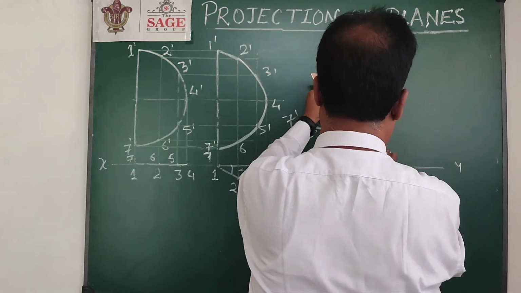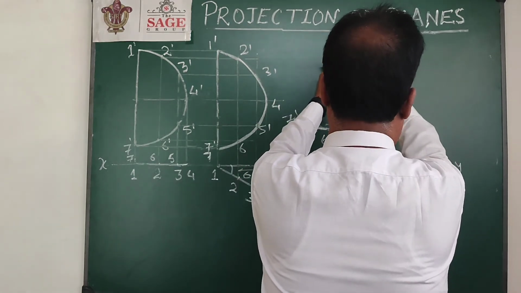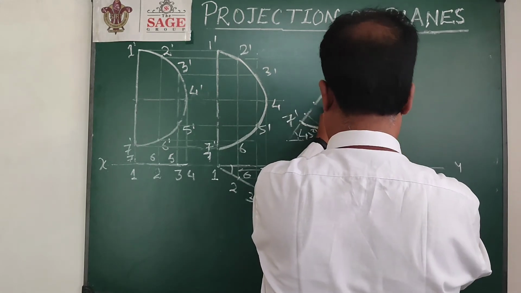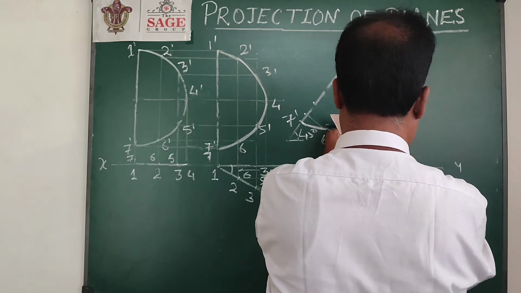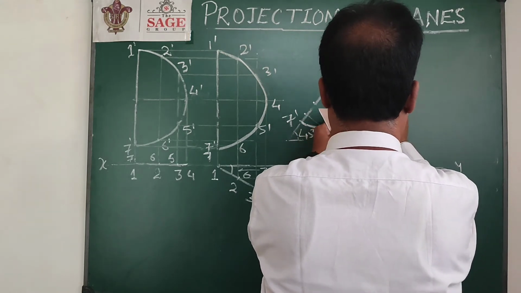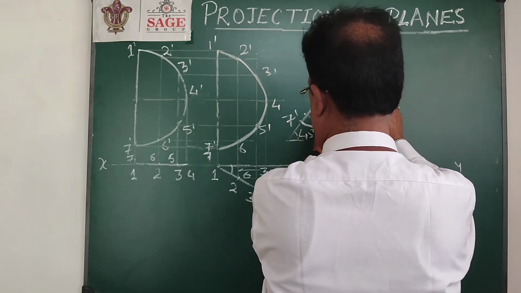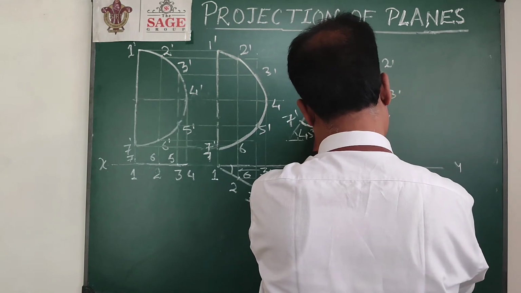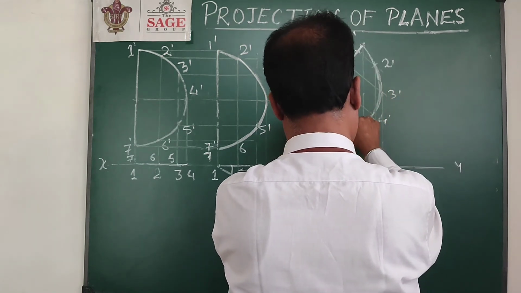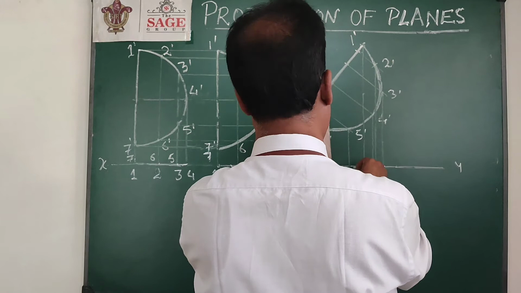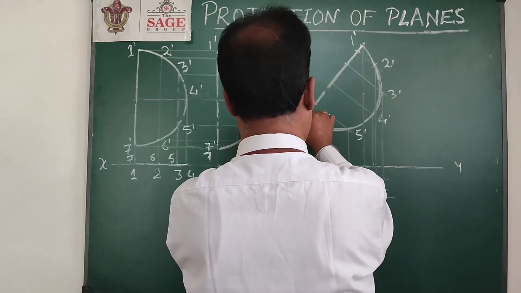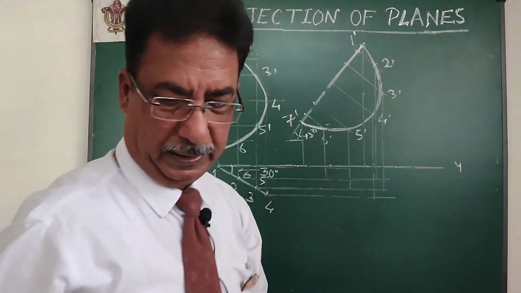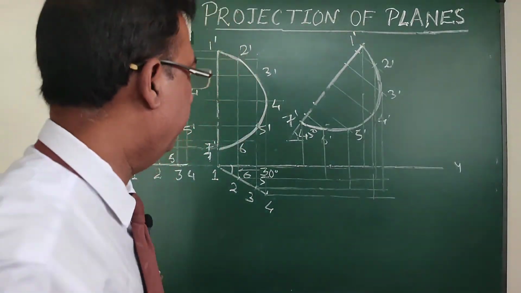One will be on the first line, this 2 will be on the second line, the 3 will be on the third line, and the 4 will be again on the fourth line. This 5 will be on the fifth line, then 6, and finally 7. I got all those points in the top view.